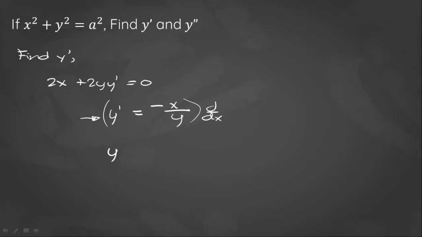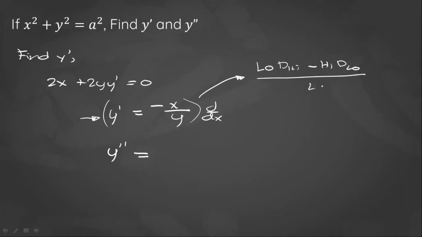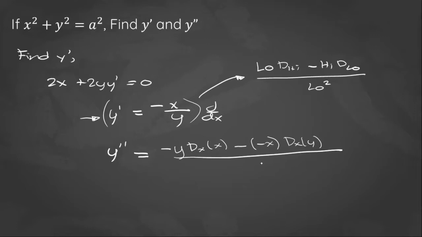So we have the derivative of y prime, y double prime, is equal to, you can solve this according to the division rule, where low d high minus high d low over low squared. Applying this formula, we have negative, our low here is y, the derivative with respect to x of x, minus our high here is negative x, multiplied by dy/dx, over y squared.